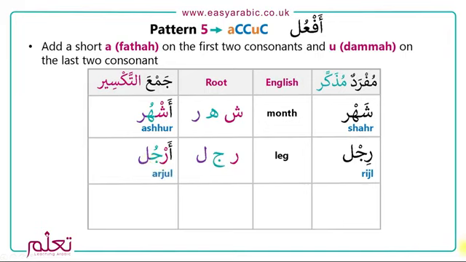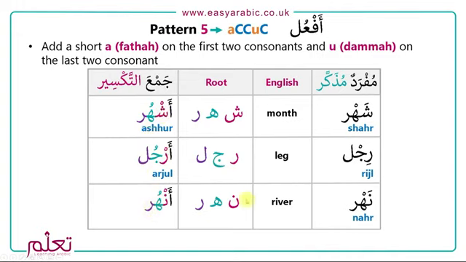Next one we have is nahr, which is river. Same thing, we've got noon, ha, and ra. Here we're going to put an alif at the beginning, and then the noon is going to have a sukun, and the ha will have the damma and the ra. So anhur, anhur. So that's ashhur, arjul, anhur.